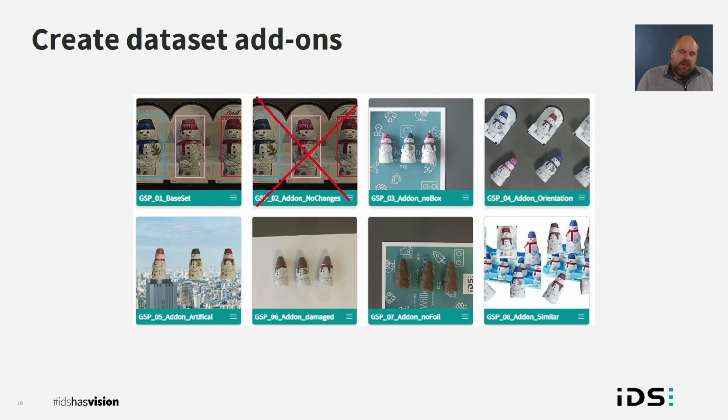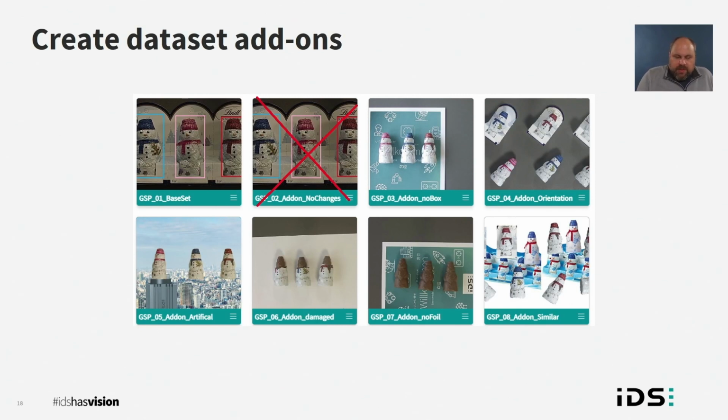And then I add additional, I call them add-ons, where a few images of a specific theme are shown, and with a very high variance, to ensure that from each image the network can learn as much as possible. And then I add them up and create a new training.